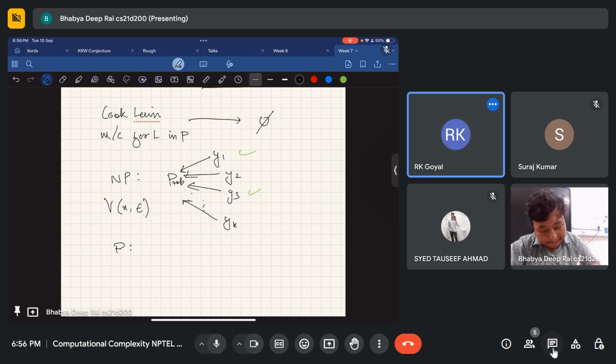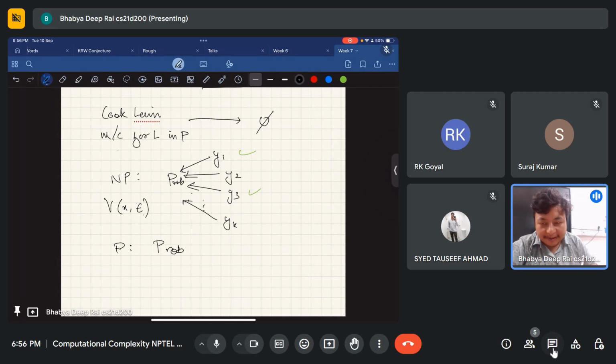Yes. Right. Now the problem is whether X is accepted. In other words, you can even say this single certificate that exists, is it a valid certificate or not? That is another way to see it.